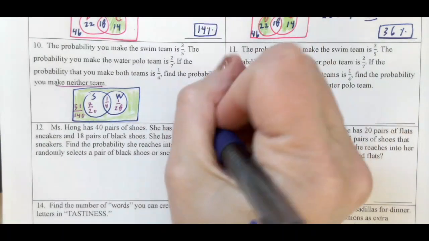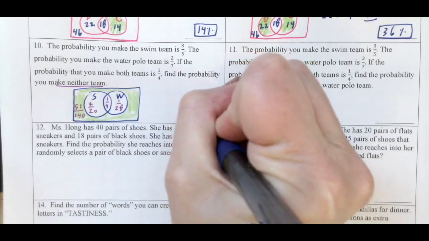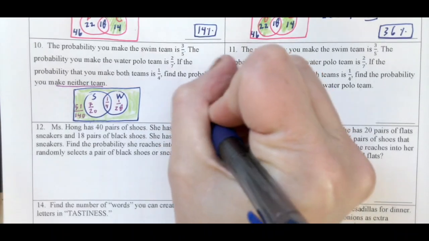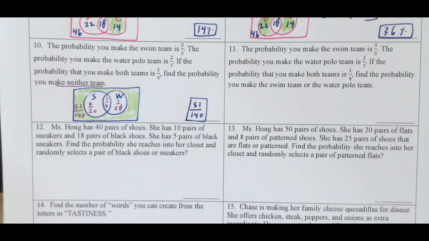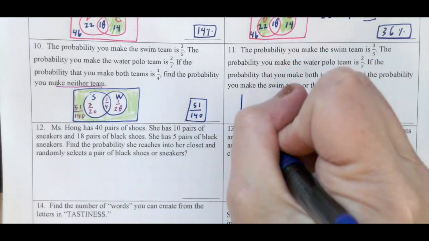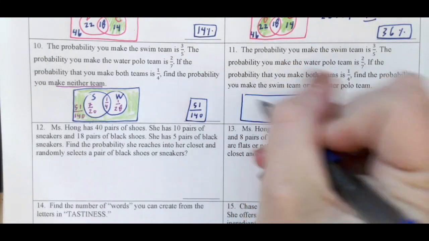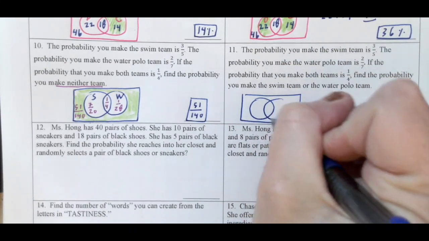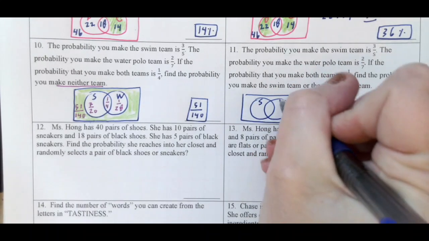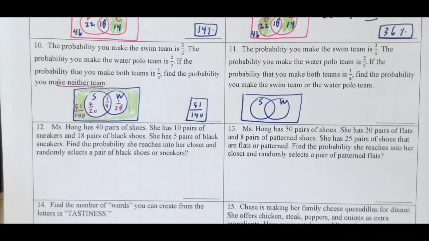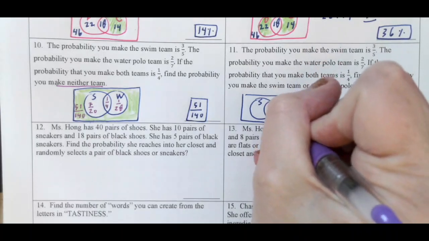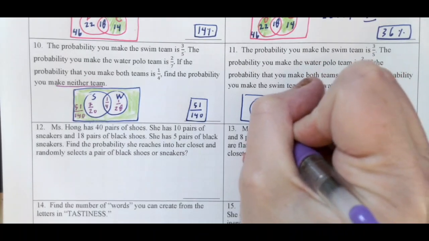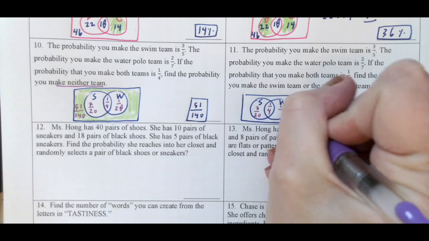So 51 out of 140. Okay, next one has the same bones. So let me just draw it out one more time. So swim, water polo. Okay, I'm just going to relabel all of those probabilities.